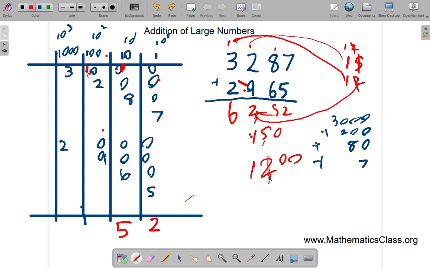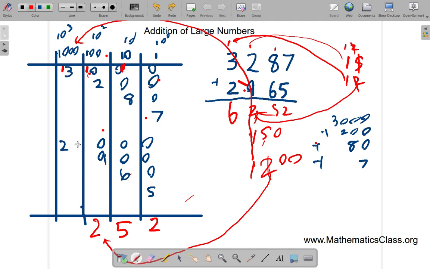So you put the 2 down here, and the 1 is the 1000, so you bring it to the thousands column and put it right up here, above the 3.